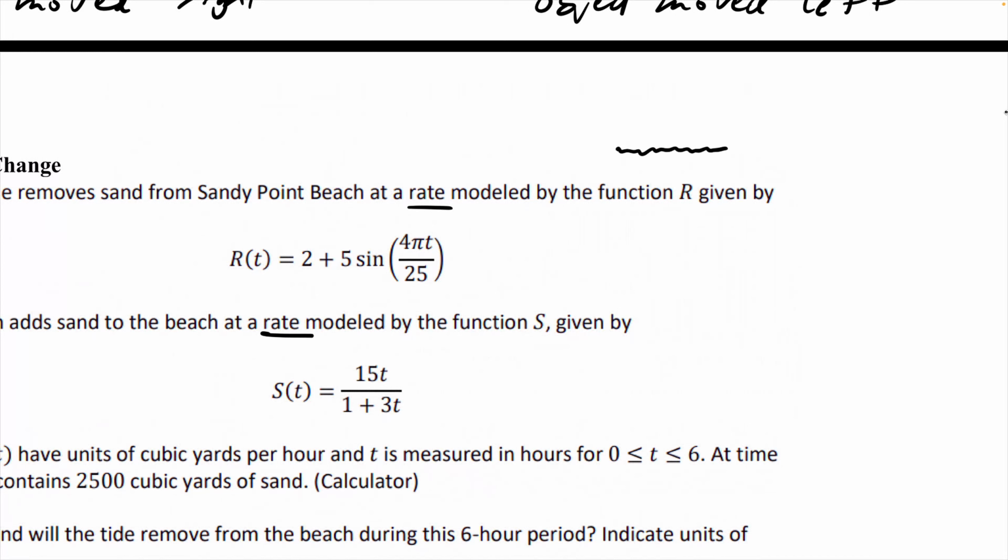There's the sand. Looks more like water, but it's sand. Two things are happening. How much sand is there right now? 2,500, right? Yards cubed. That's how much is there right now. Sand is being swept away. Sand is leaving the beach.